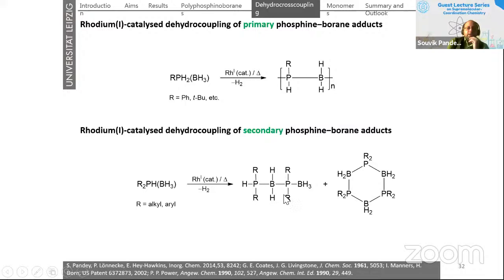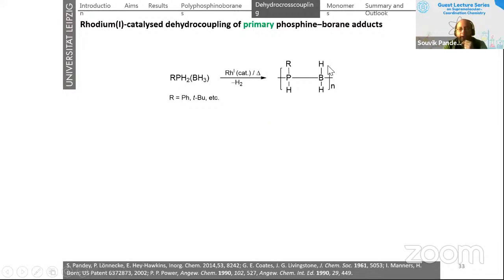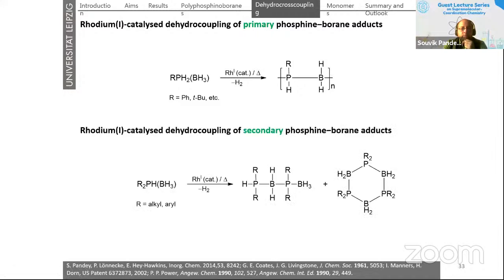That's why I wanted to start with the secondary phosphine borane to get a polymer. But the main problem was that it never polymerized. It will always stop here, and if you give a little heating, cyclization happens. We have to stop the cyclization, and I was thinking about which way I can stop this cyclization.